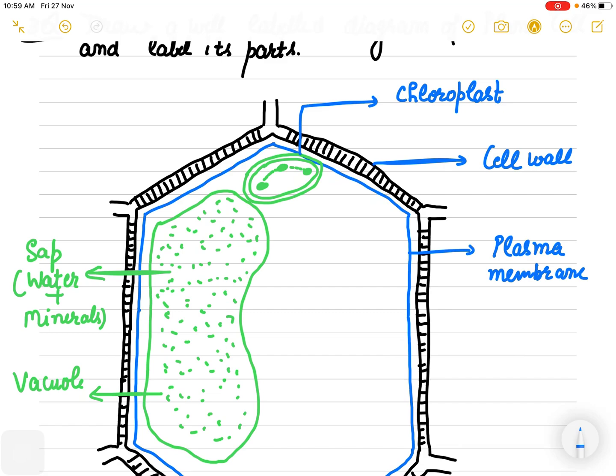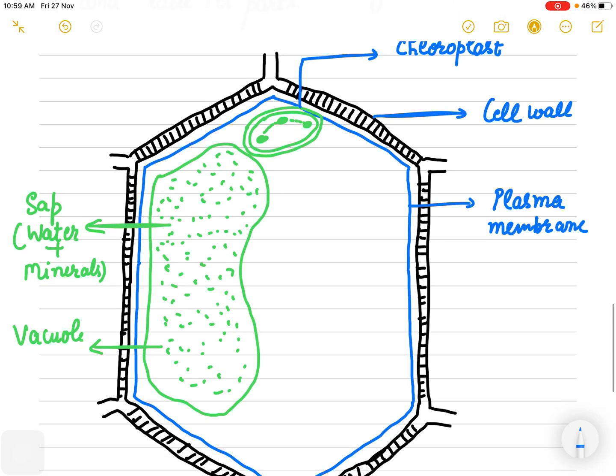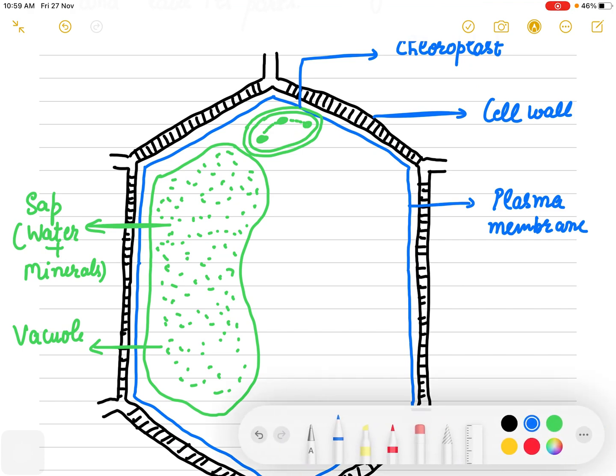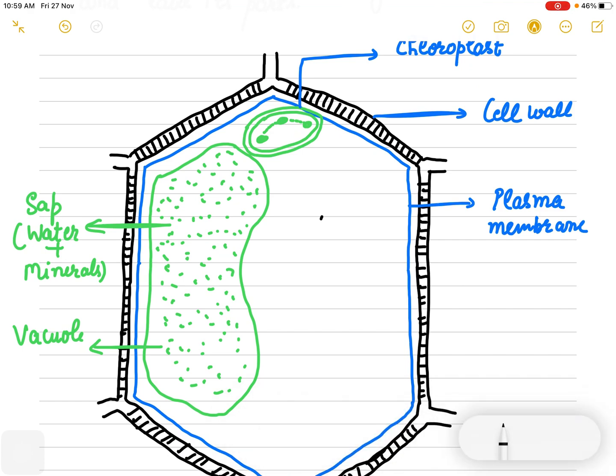Now let's draw the nucleus. Again, you have to be careful when drawing the nucleus: we will draw it like this, with the double membrane structure, right? We are going to draw it with the double membrane structure. And in the nucleus, what will you find?